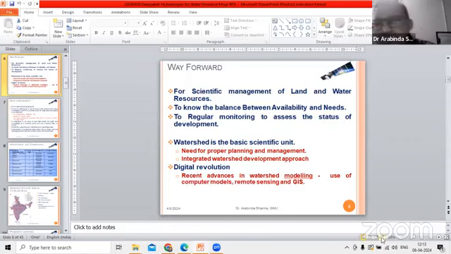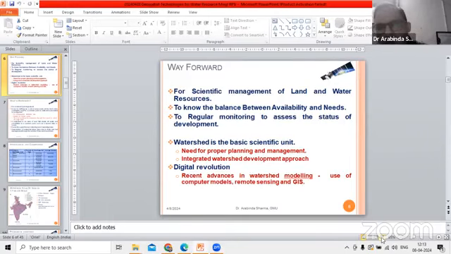because how many samples can we collect in a watershed? A very small number of samples, right? It is not possible to collect samples from each and every location. But geospatial technology, specifically remote sensing, can provide an opportunity to find out the soil moisture content for every inch of that land, right?